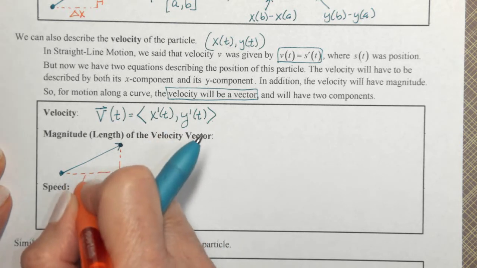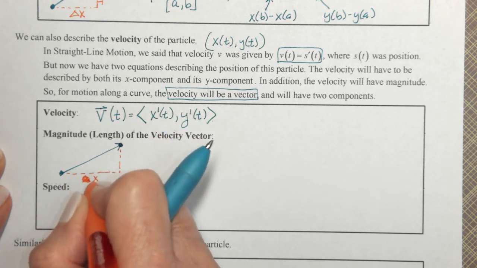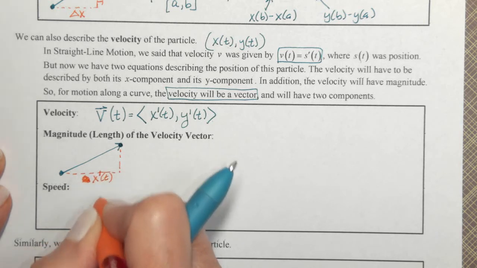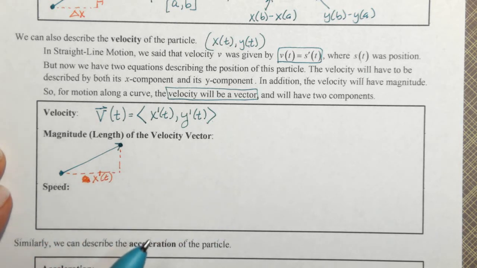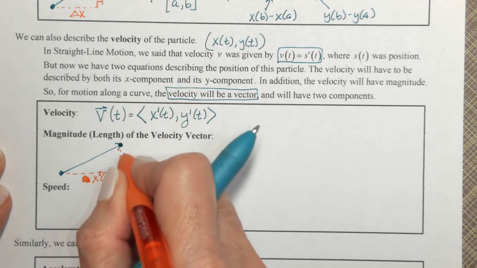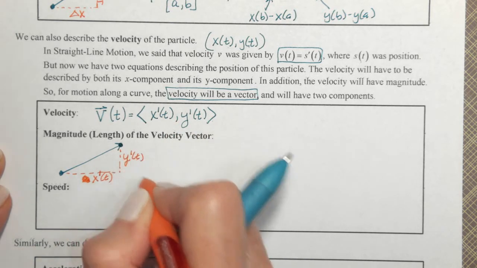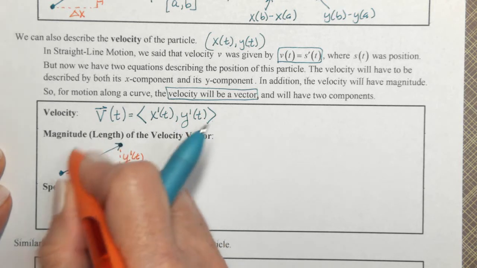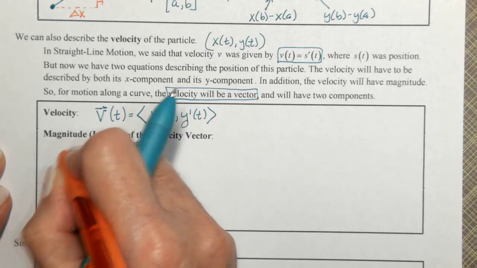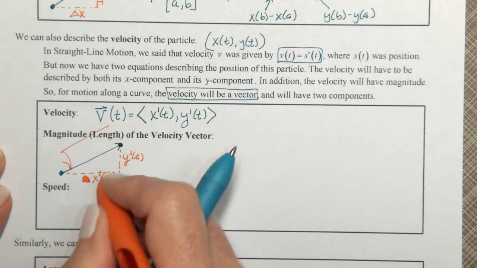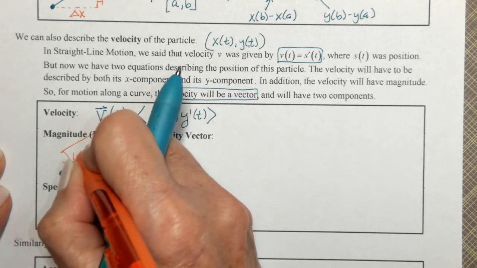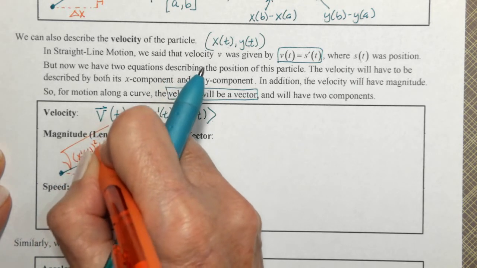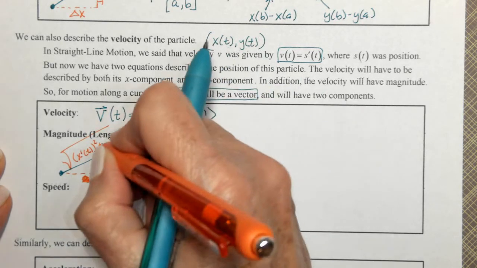Well, the x component is x prime of t. That would be the x component of the velocity vector. The y component would be y prime of t. So, what is this length? Well, using the Pythagorean theorem, it would be the square root of the square of x prime of t plus the square of y prime of t.